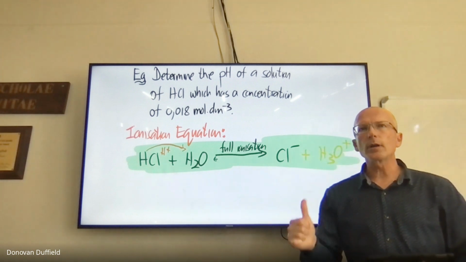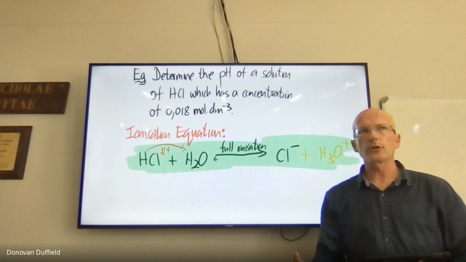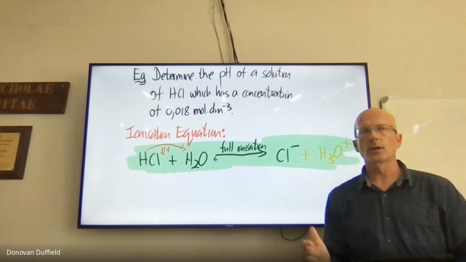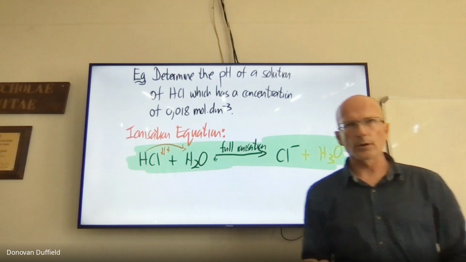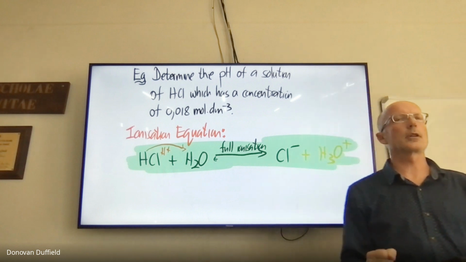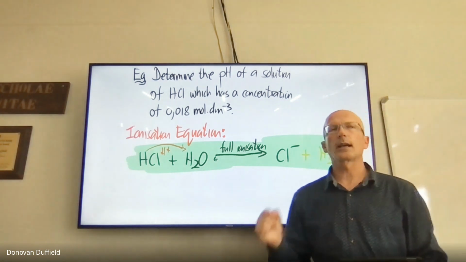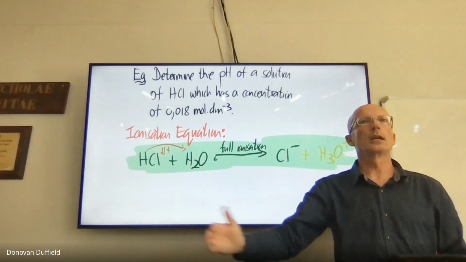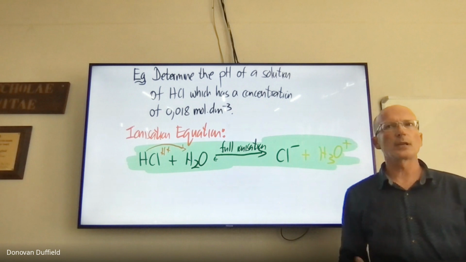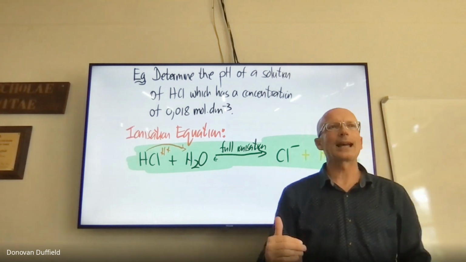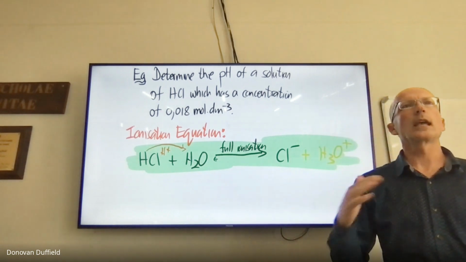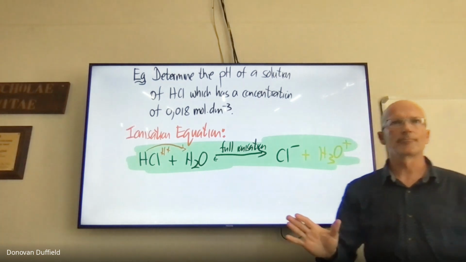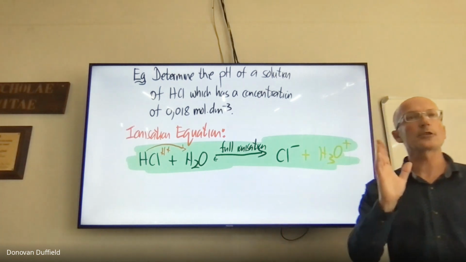We are only going to ask you to work out pH of strong acid and strong base solutions. We will not ask you to do the pH calculations of weak acids and weak bases because it falls outside of our syllabus into university level chemistry, because then you need to work with Ka and Kb values, equilibrium constant values for acids and bases, which is not in our syllabus. Okay, so you will only get strong acids and strong bases.